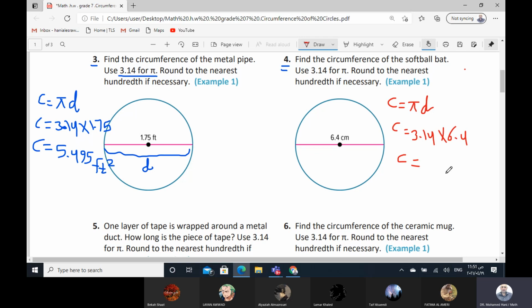What is the answer? Mister, 20.096. Great, thank you. 20.096. And what is the unit? Centimeter square. Excellent.